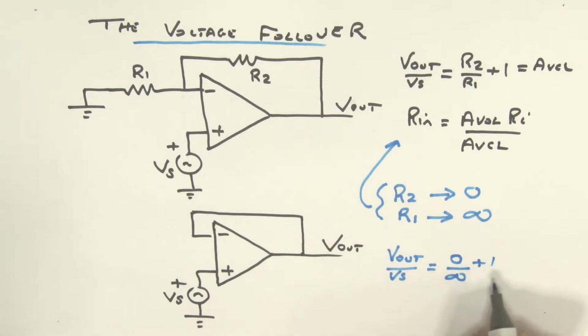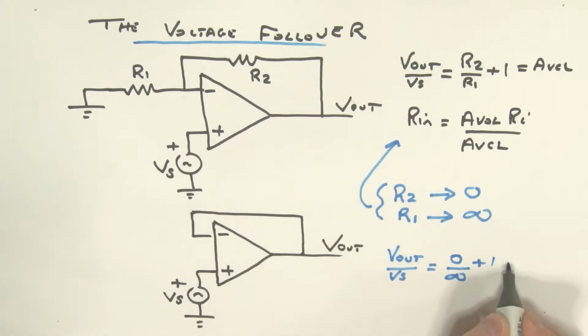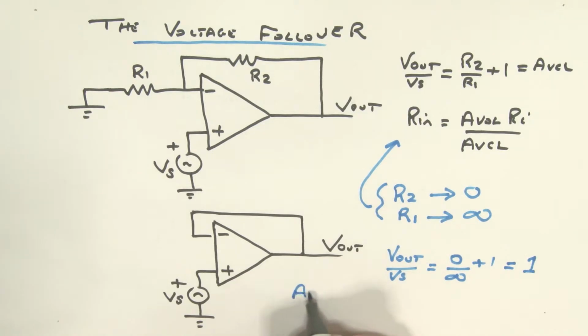So Vout over Vs has become just equal to 1, hasn't it? The closed loop voltage gain, AV closed loop, in this case is just 1.